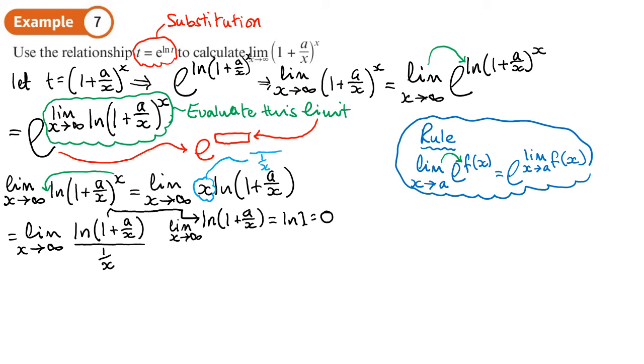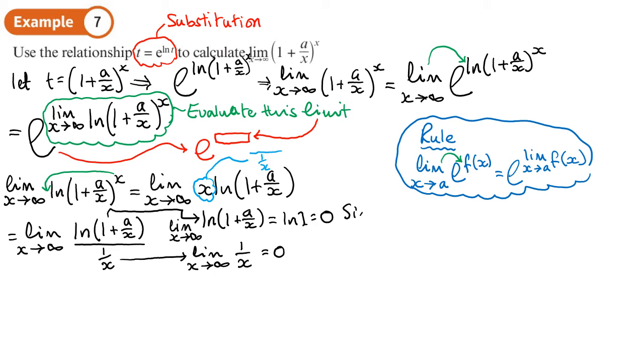And the bottom, if we look at the limit as x tends to infinity of 1 over x, this is one we should know, that becomes, sorry, not 1 over 0. x tends to infinity, so that is also going to tend to 0 as well. So the whole thing is indeterminate because we end up with 0 over 0.